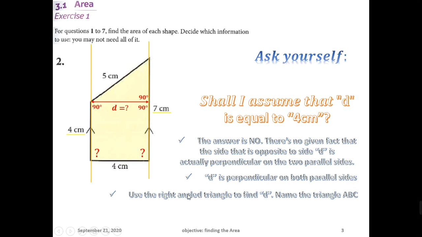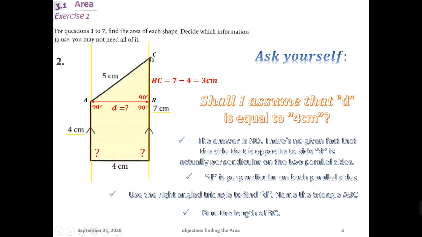Use the right angle triangle to find D and name this triangle ABC, or we can call it CBA. Now we need to find the length of AB. The hypotenuse is known because the 5 centimeter side is right across the 90-degree angle. So the 5 centimeter is our hypotenuse. And how did we find BC?